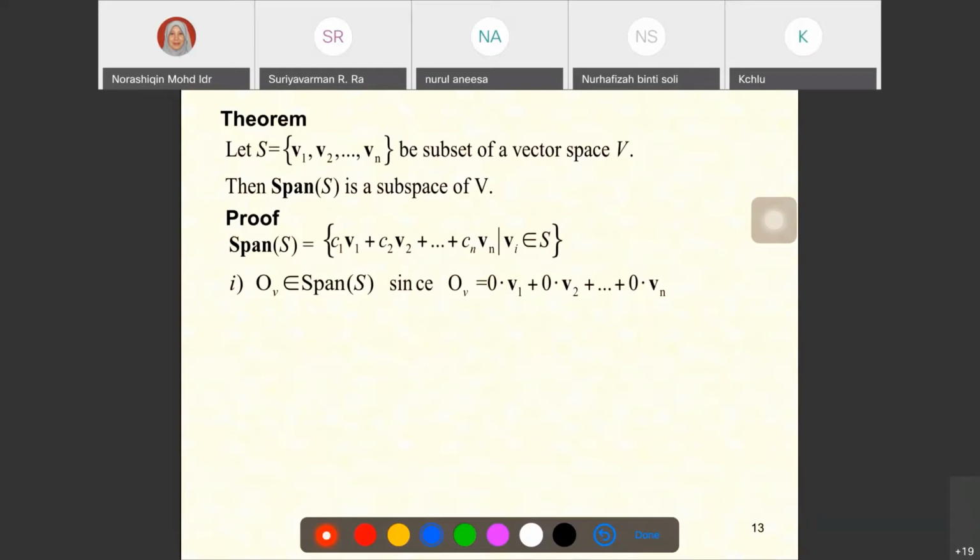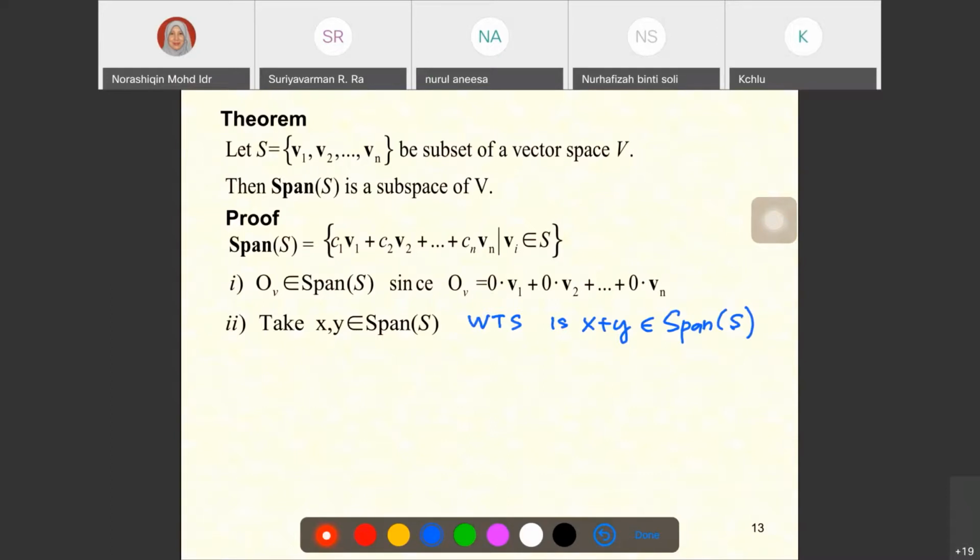Okay, number 2, closed under addition. We take 2 elements in span of S. Let's take X and Y in span of S. We want to show X plus Y is in span of S. How does X look like?